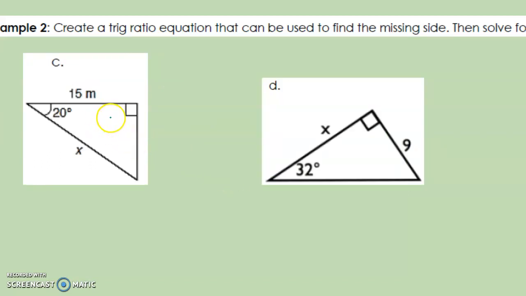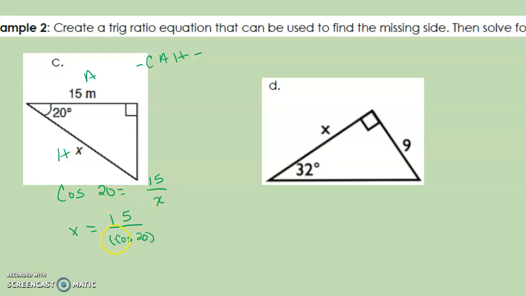Okay, we're going to look for these as well. I'm going to go ahead and label. I have my hypotenuse and my adjacent. That is the CAH part of SOHCAHTOA. So I'm going to have cosine 20 equals adjacent over my hypotenuse, which is x. When that's in the denominator, that's when you end up basically swapping them.